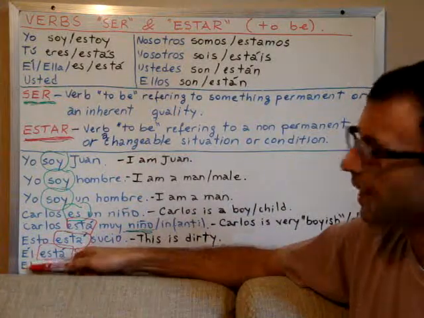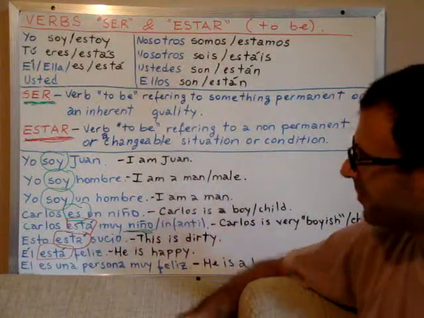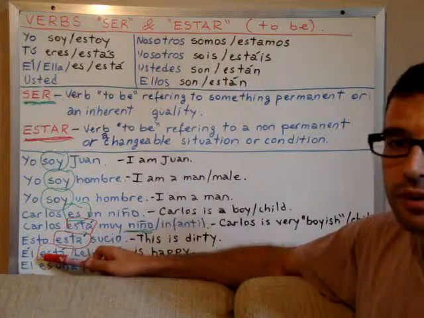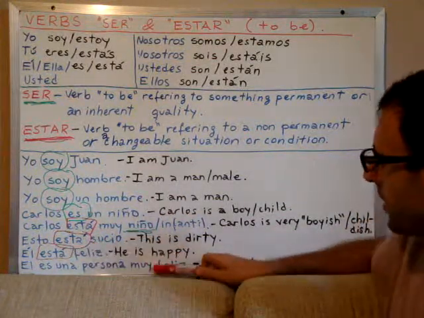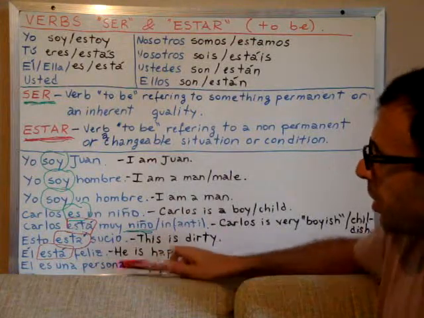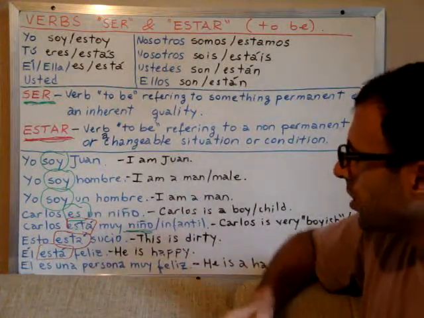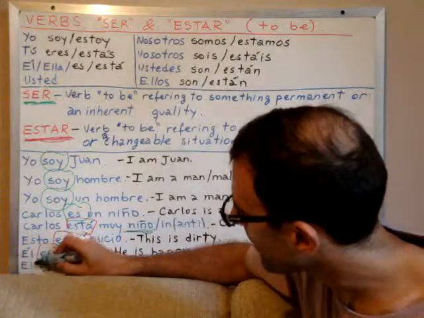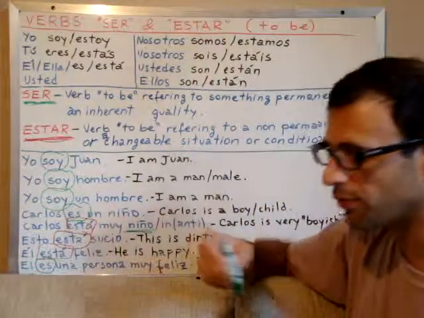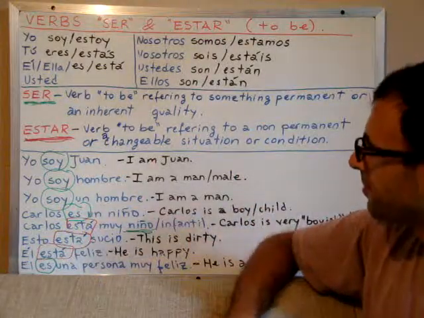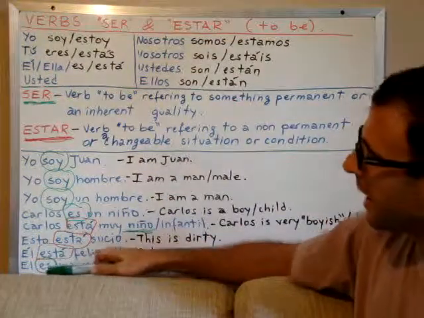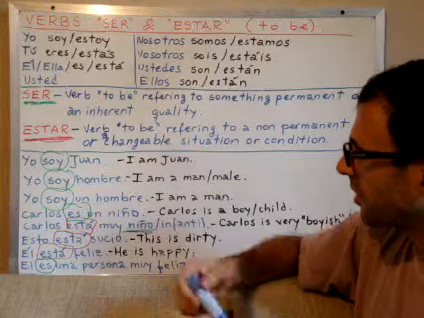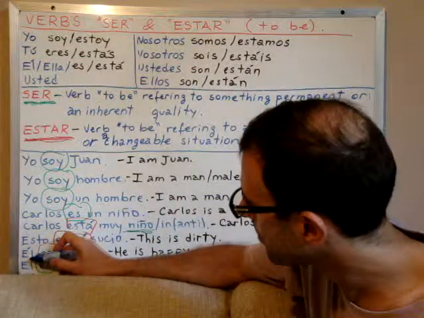But look at the last example here. We are saying something very similar, right? We are using the same adjective, feliz, happy. However, here we use the verb ser, conjugated for he. You see? Es. Él, and I missed the tilde here.